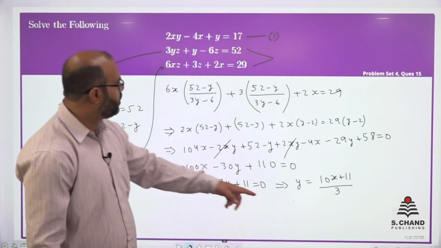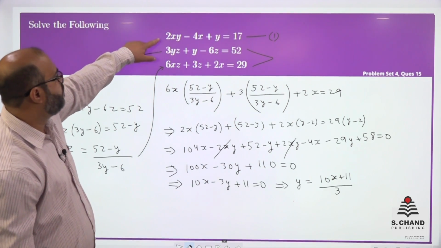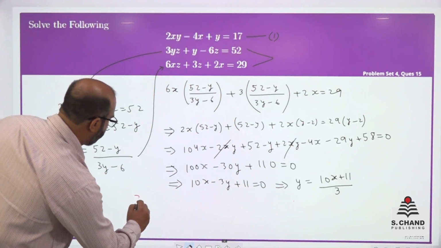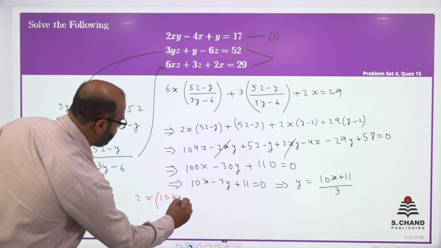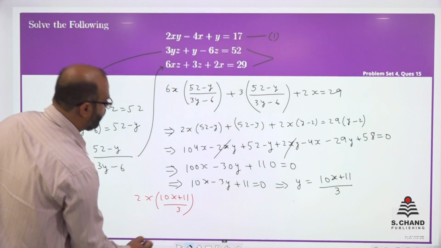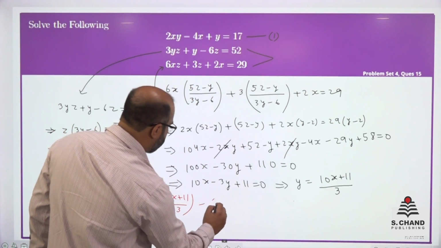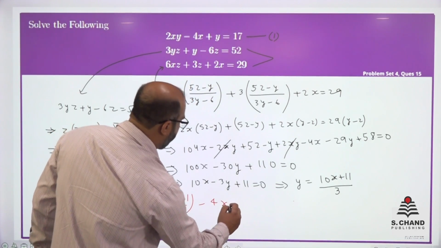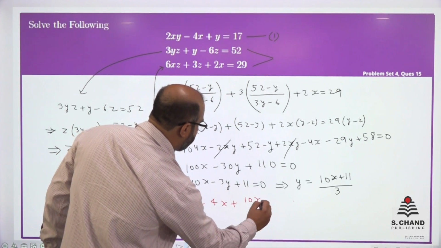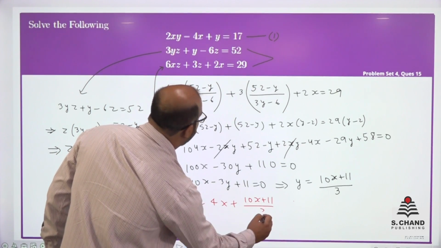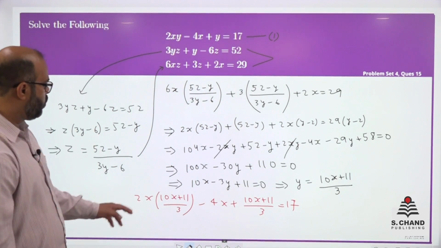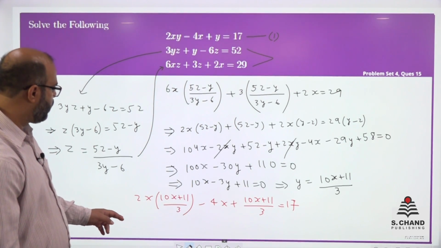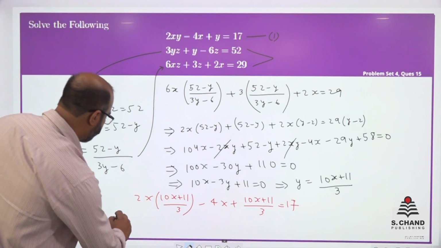Now, here y is this thing. Now, from the first one we put y. So, this will become 2x, y is 10x plus 11 by 3, minus 4x plus y, that is 10x plus 11 by 3 is equal to 17. Now, when you take the LCM, what will happen?